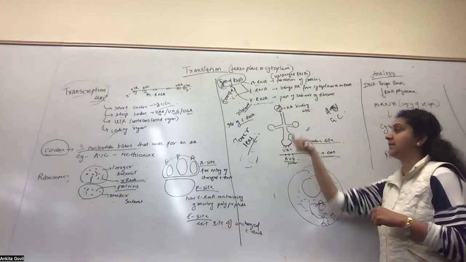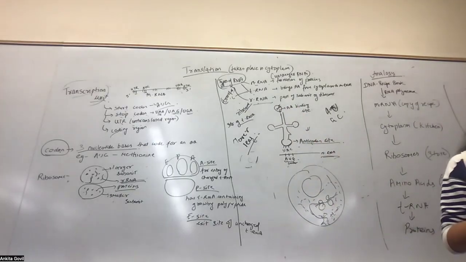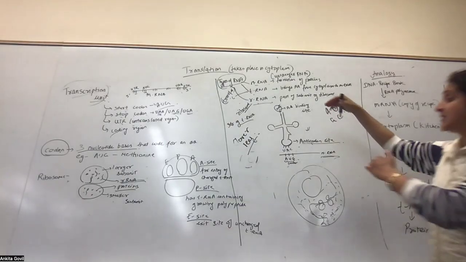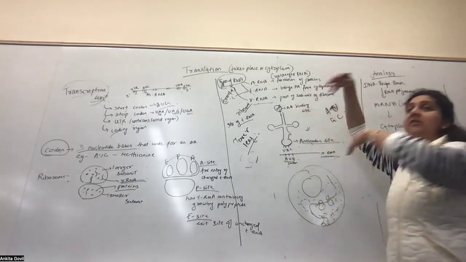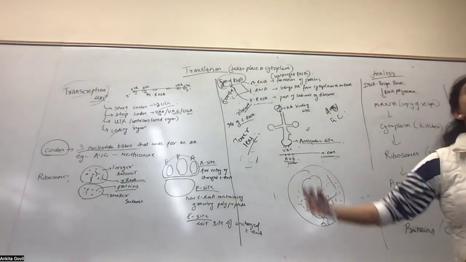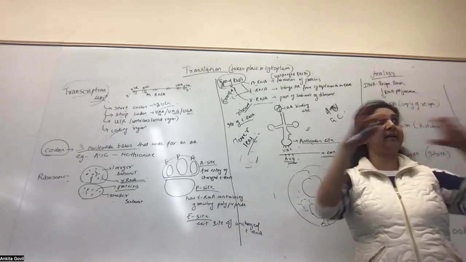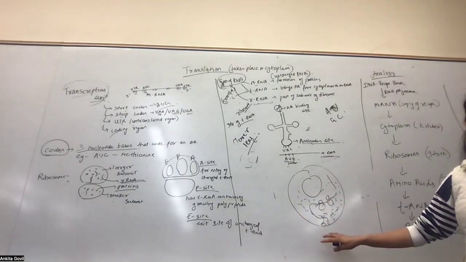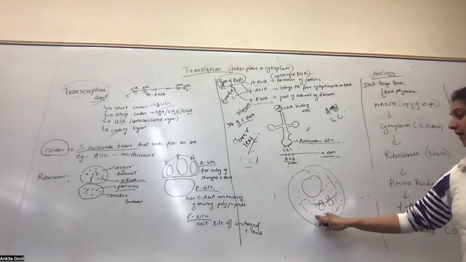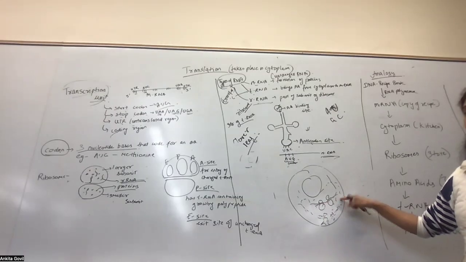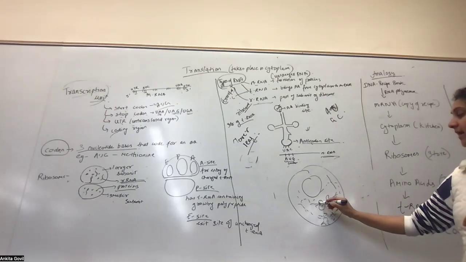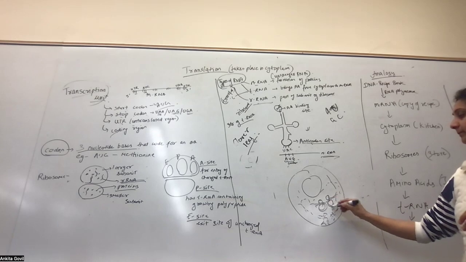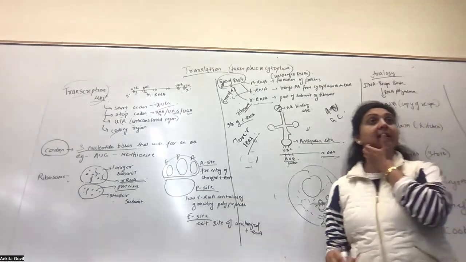And then it accepts this methionine amino acid. All right. So this tRNA plays a very important role in finding the amino acid in the cytoplasm of the cell and bringing it to the mRNA. This is the mRNA, and these are the ribosomes on top of it. We'll do this structure in detail.